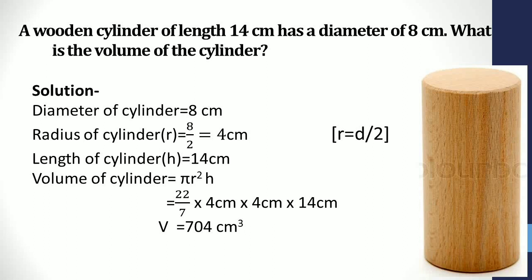Clear? So by solving this, we'll get the answer as 704 centimeter cube. You can see centimeter is written 3 times, that means centimeter to the power 3, and always remember that if we are finding the volume, it should come in meter cube or centimeter cube. Clear?